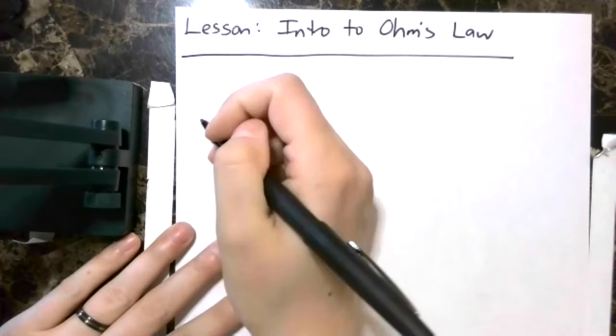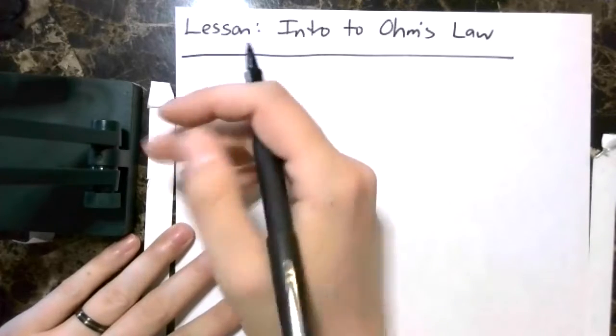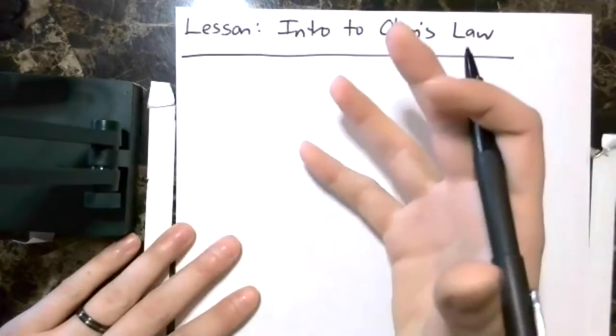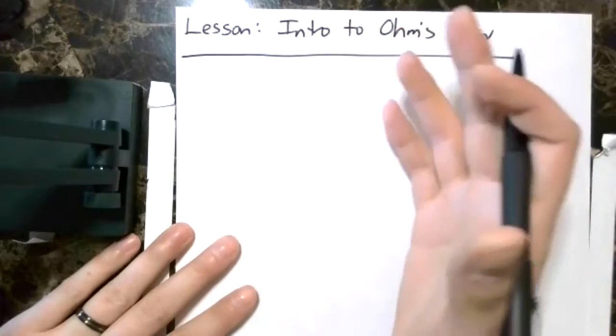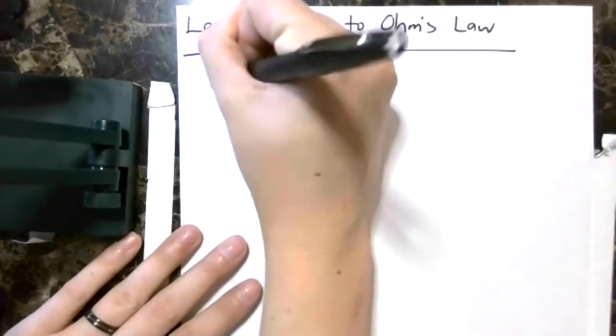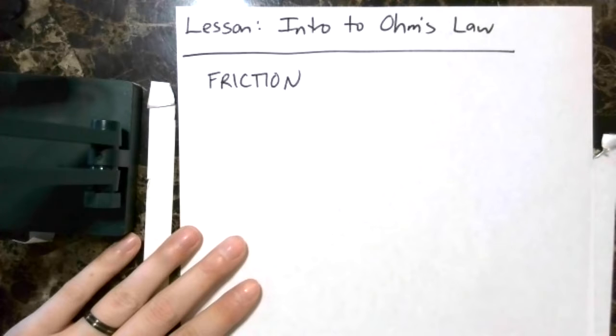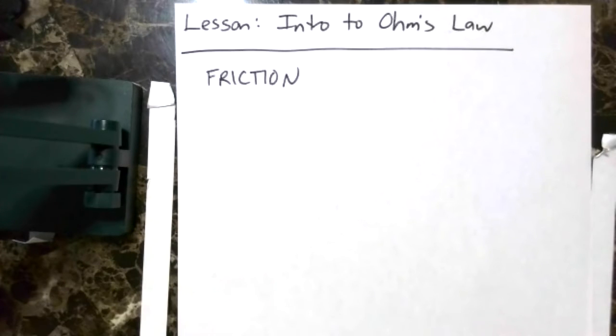When we've talked about work and energy and macroscopic motion, we've thought about the idea of friction. Sometimes we simplify it and say we're ignoring friction. Sometimes we can't ignore it. But I just want us to think about the concept of what friction represents.